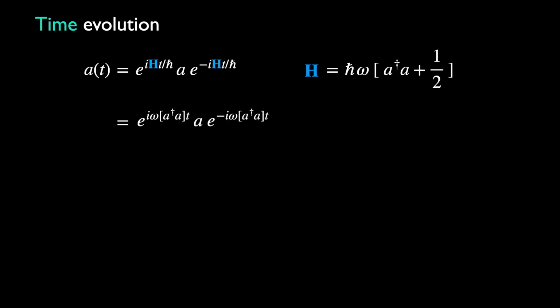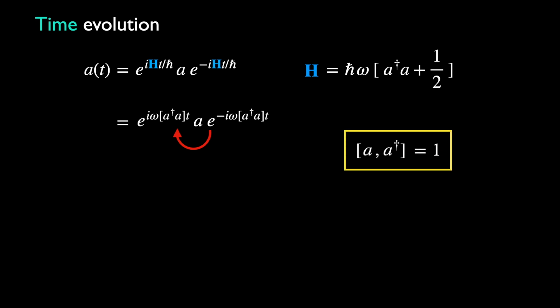We would like to shift the time evolution operator to the other side of A so that it could cancel with its inverse. Of course, this must obey the commutation rules of the ladder operators. To figure this out, we only need to evaluate the commutator of A with the number operator, since the time evolution operator is just a function of this.